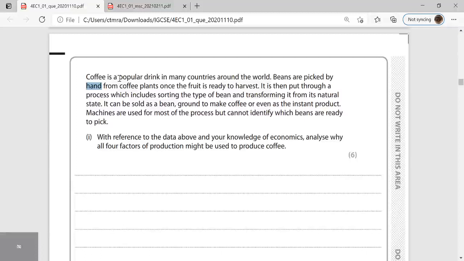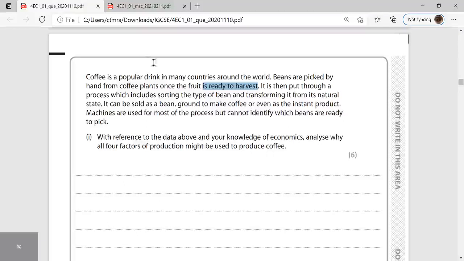The place where this coffee is harvested is land, that's another factor. And last but not least, it's enterprise or entrepreneur, the organization or individuals who take the risk and do the harvesting and everything. They are known as entrepreneurs, or enterprise.